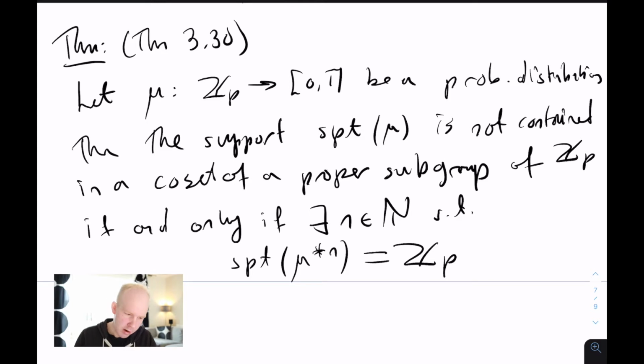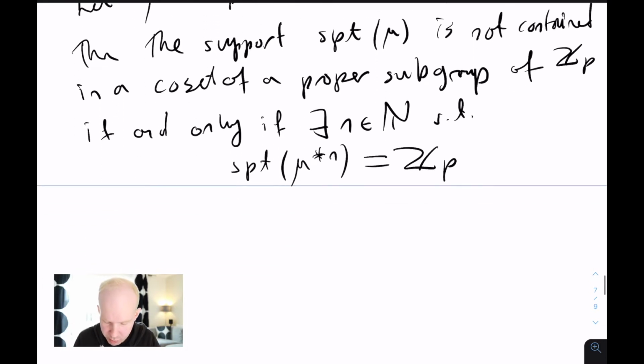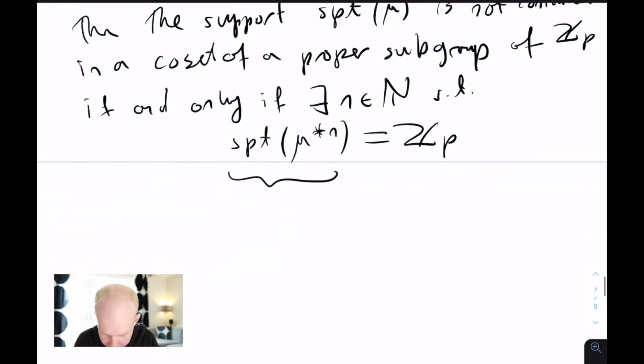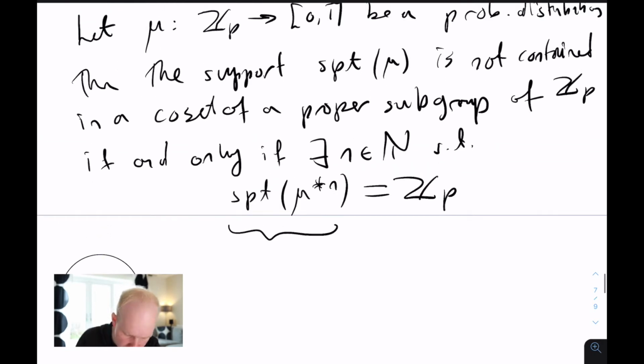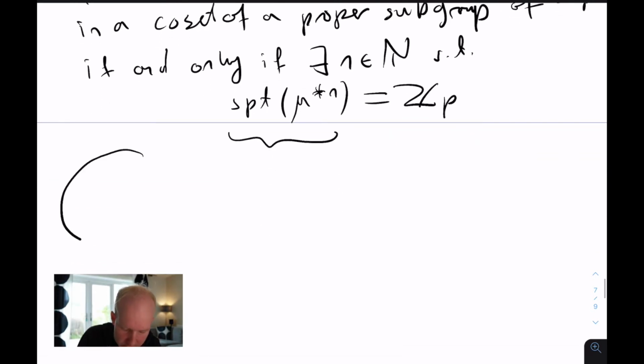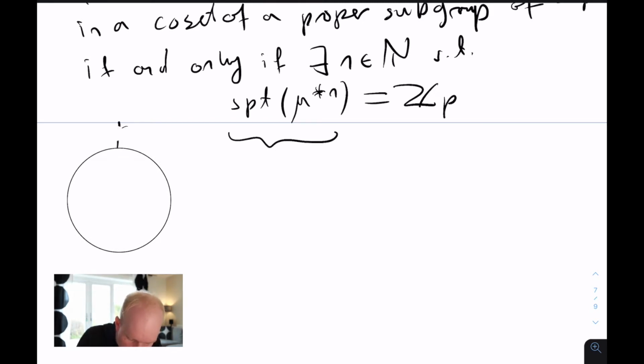So how can you read this theorem in the language of random walks? Basically, when you start to operate the random walks, think about the support. This support is basically the trajectories where the random walk exists. So let me draw a circle here, and we start to walk with the random walk.